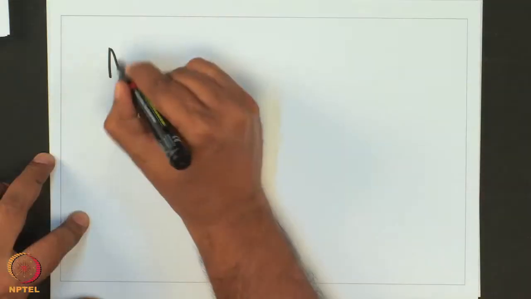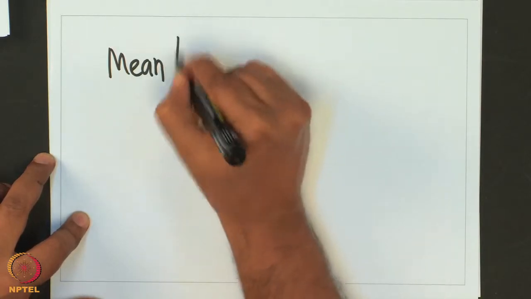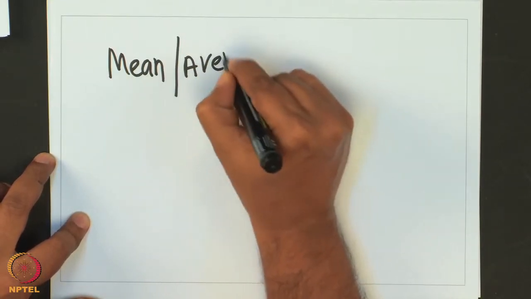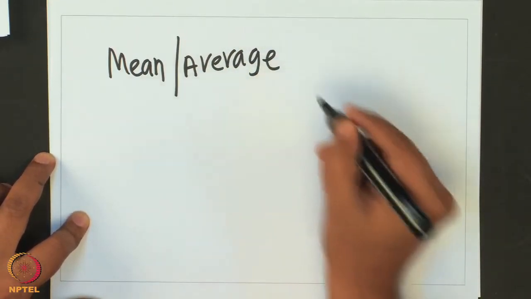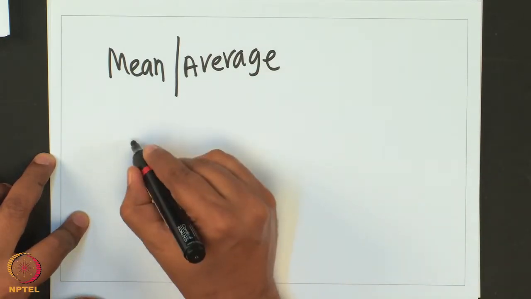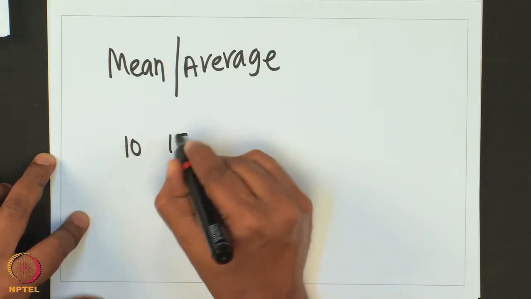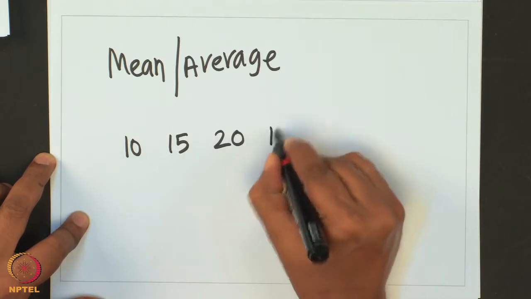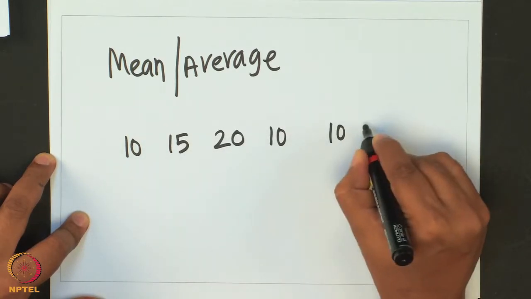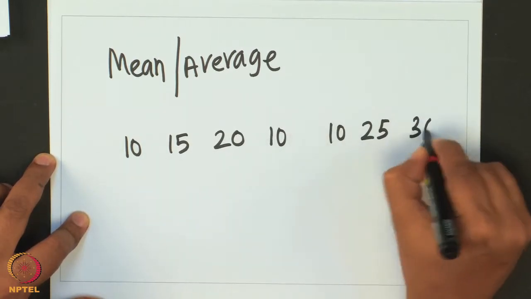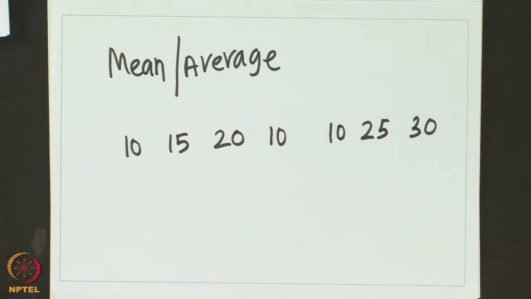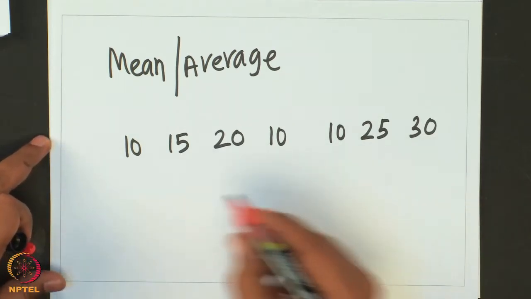You have heard of the mean or average. What is this? Say we have many numbers: 10, 15, 20, 10, 10, 25, 30. This is some measurement that we took in some experiment, and it could be any quantity of your interest.